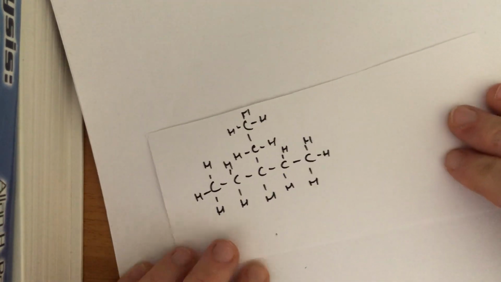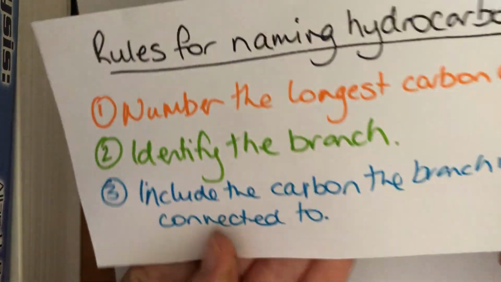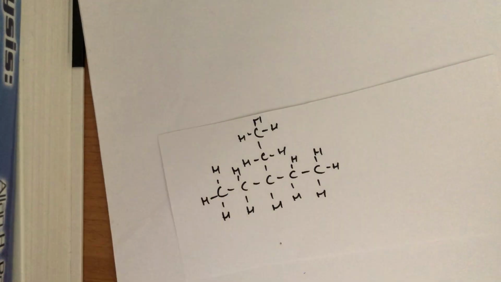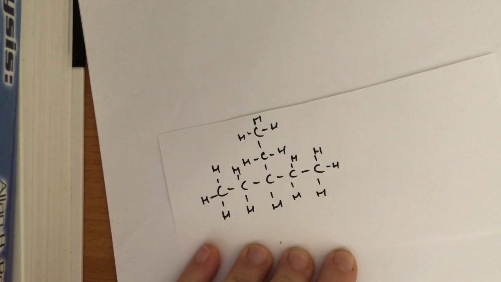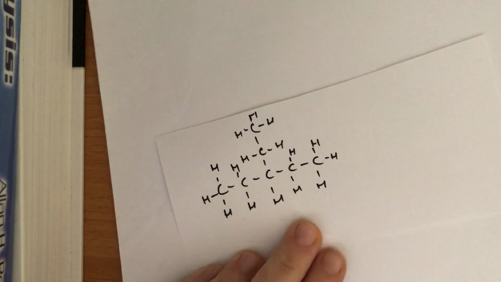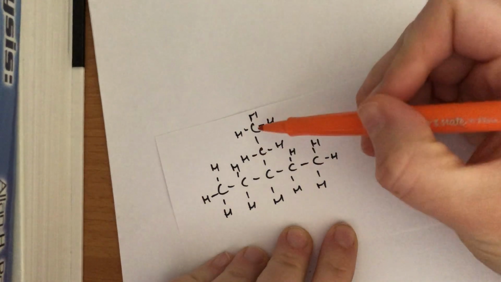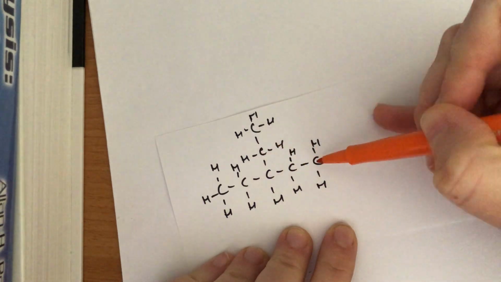And then our last example, we've got one more example, which is this one. So remember our rules. Number the longest carbon chain. We've got 1, 2, 3, 4, 5 this direction. Now we could also go this way, 1, 2, 3, 4, 5.